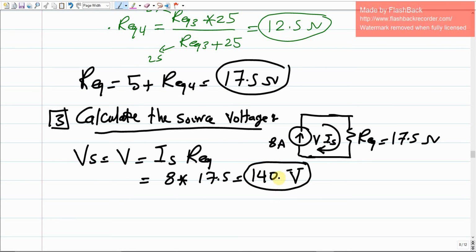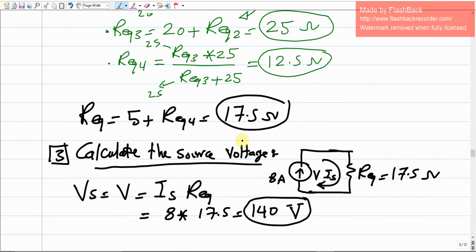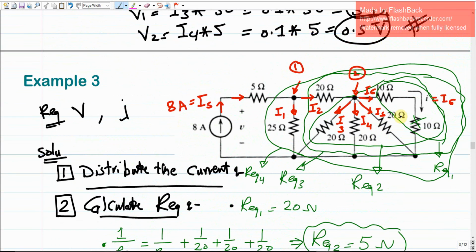This is the only requirement we've done of this problem, but there is one more requirement, which is the current over this 10 ohm. This current is I6. So to find I6, basically, we have to apply the current division principle, right?